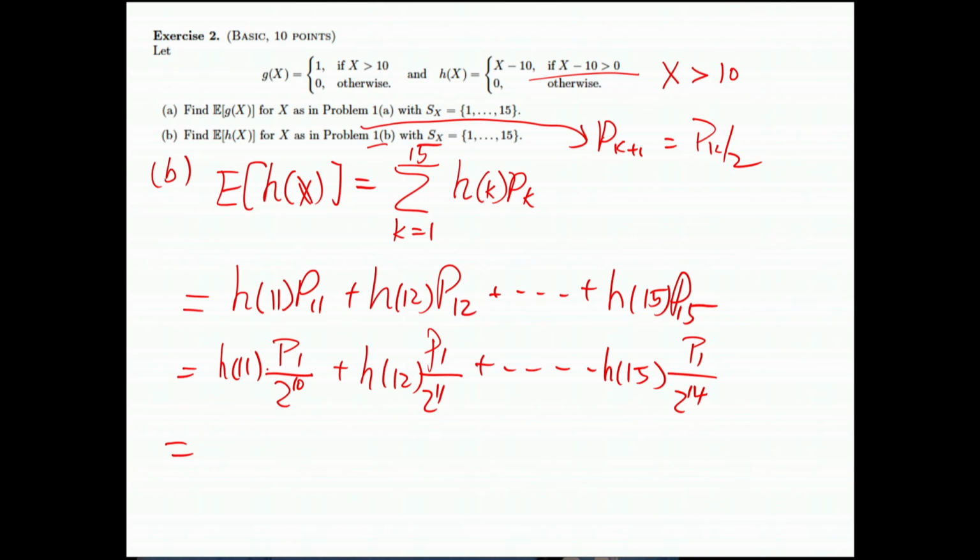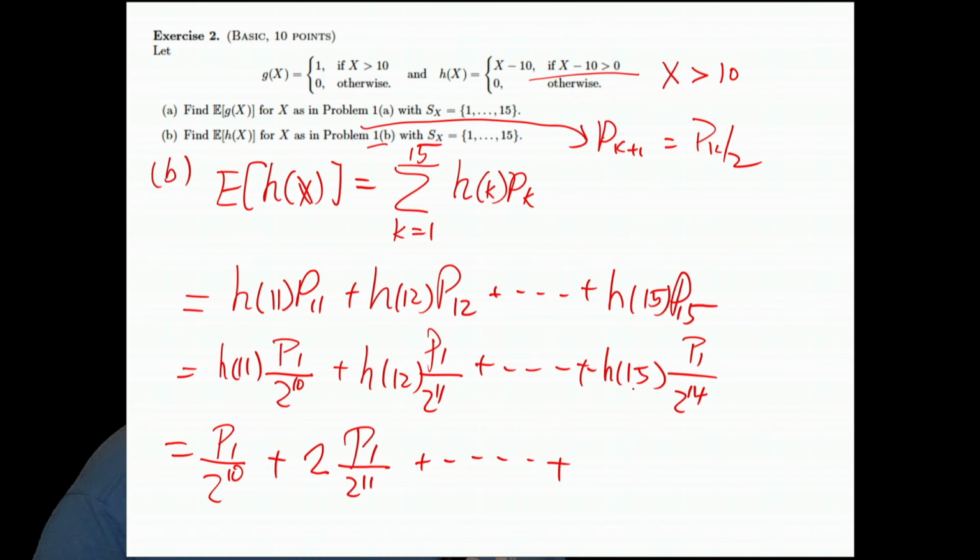And h11 is 1, 11 minus 10, so it's still p1 divided by 2 to the 10th. h12 will be 2, so 2 times p1 divided by 2 to the 11th. So h15 is 5 times p1 divided by 2 to the 14th.